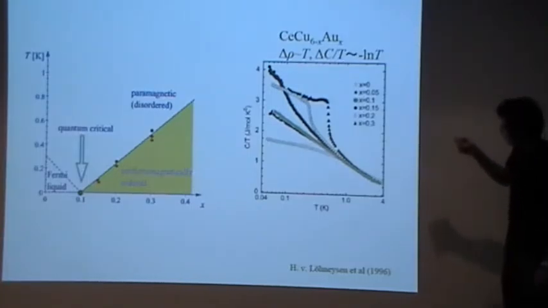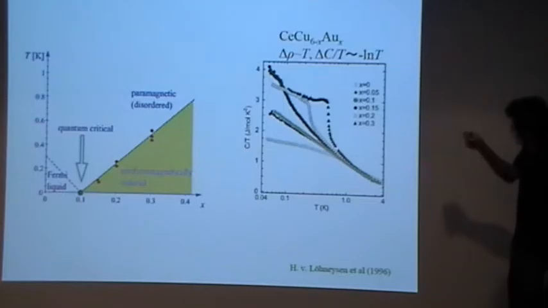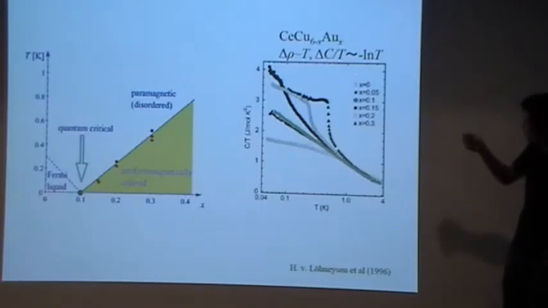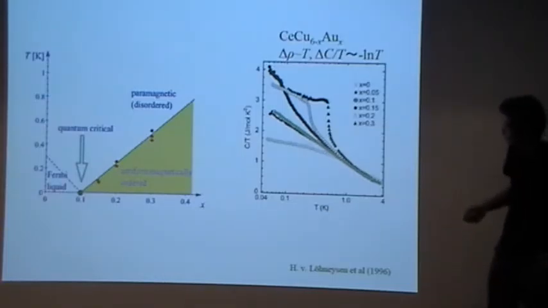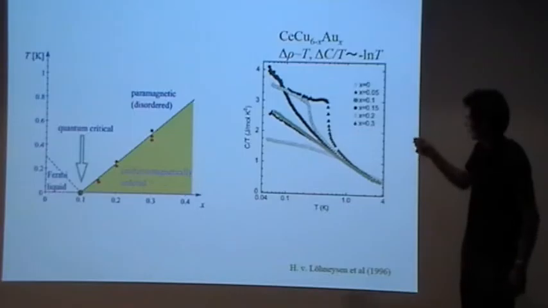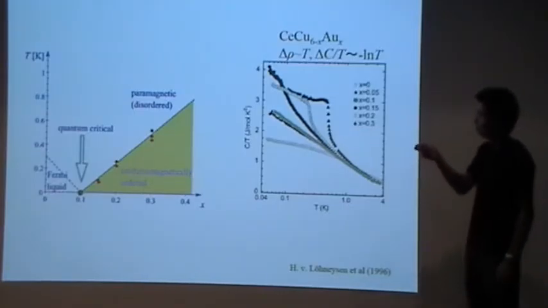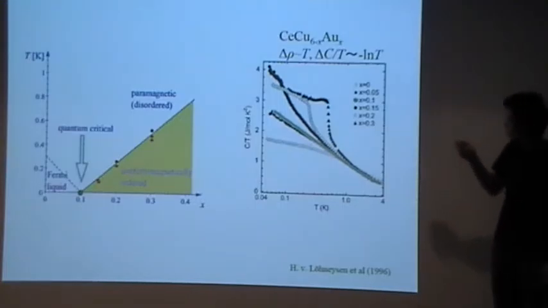That is, the specific heat shows universal critical behavior that looks like that, and then this one is crushed in non-Fermi liquid.